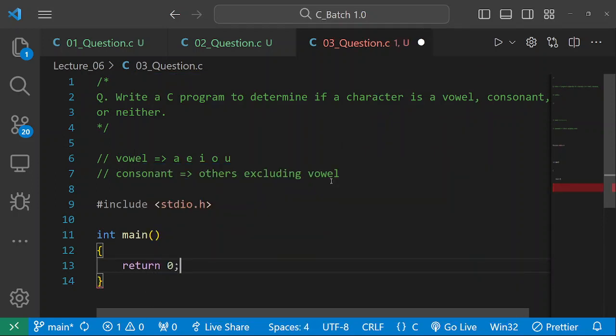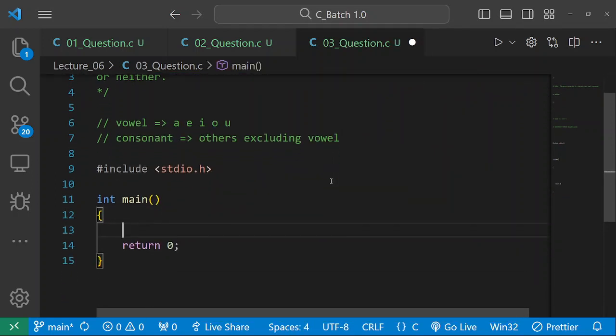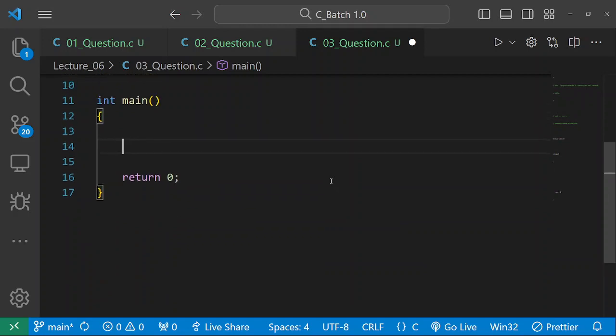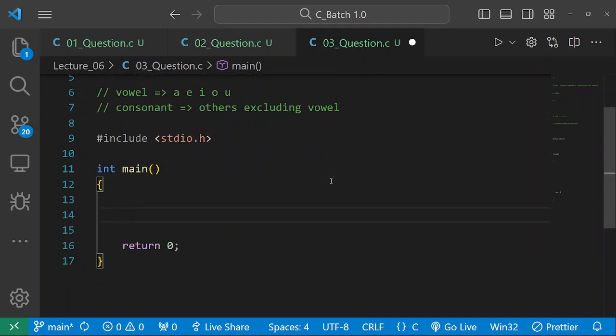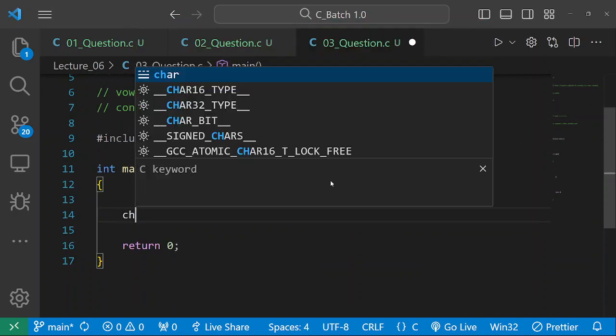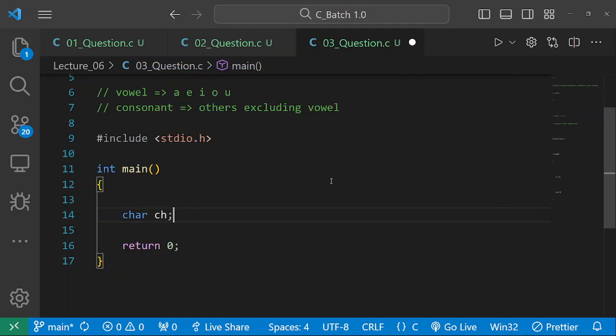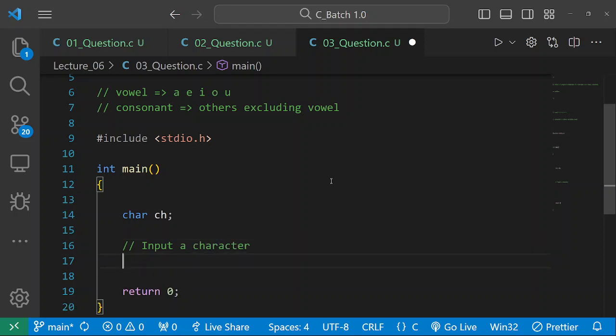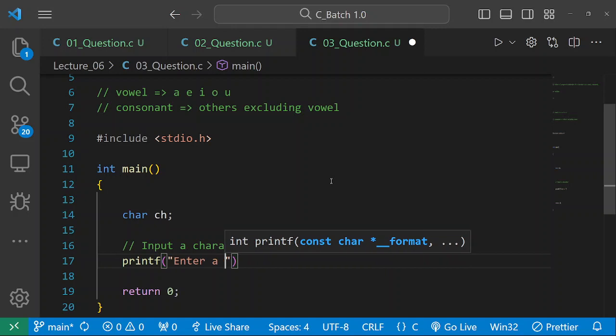I will be using the logic I thought of. So this is the main part. I need to take a character as input, writing a comment to make the code proper: input a character. In that I am writing a printf: enter a character.